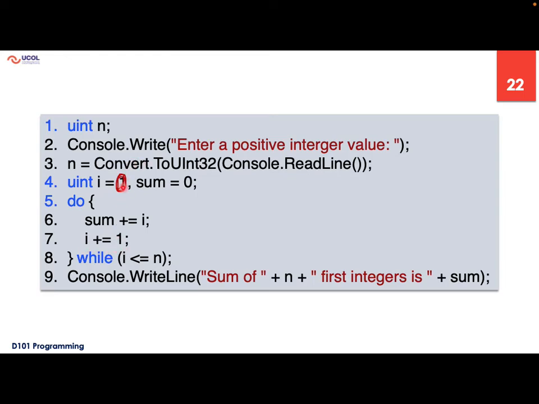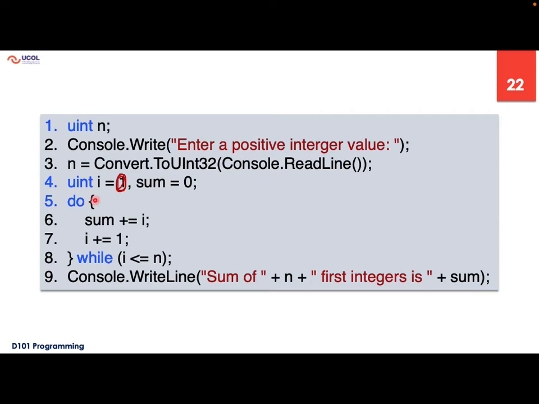So now the i will become 1 after the first loop, after the first time we execute the body. i is less than or equal to n. i is 1. 1 is less than or equal to 0, yes or no? No. So we just change that particular i is equal to 0.